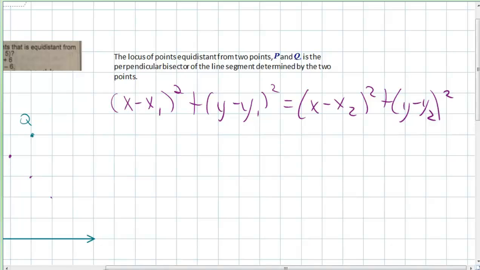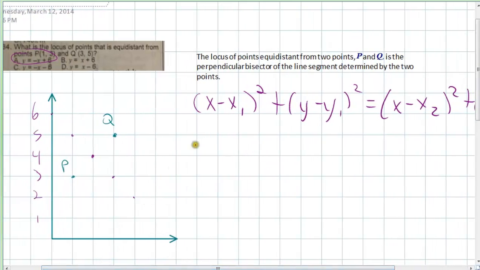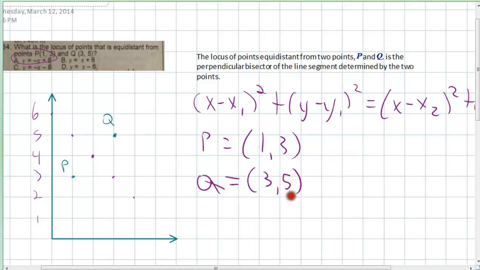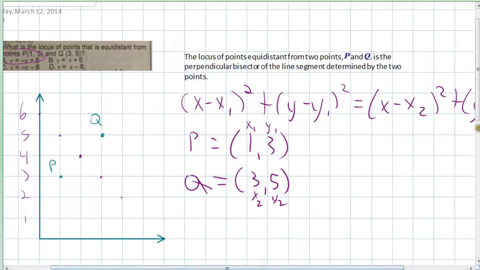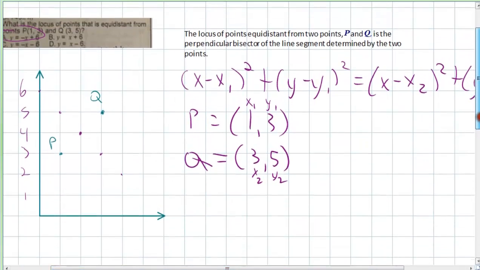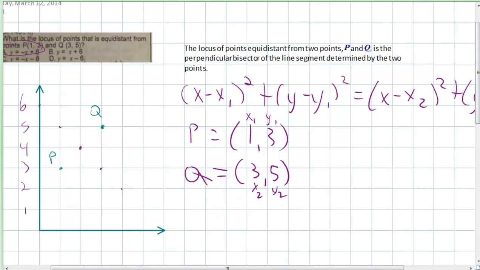And so now we're going to plug in the 2 points that we have. Remember we have P, which is equal to (1, 3), and Q, which is equal to (3, 5). This is going to be our x1, y1, and this is going to be our x2, y2. So let's go ahead and start plugging in, and then we'll solve for the line that is equidistant from these 2 points.